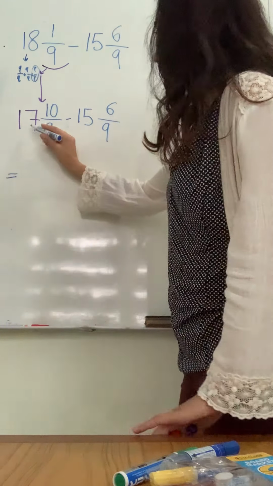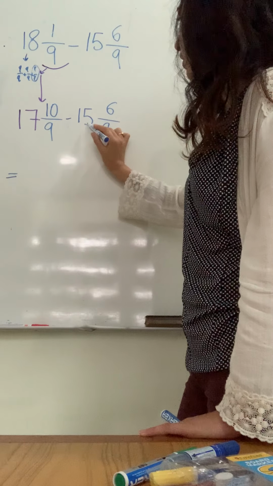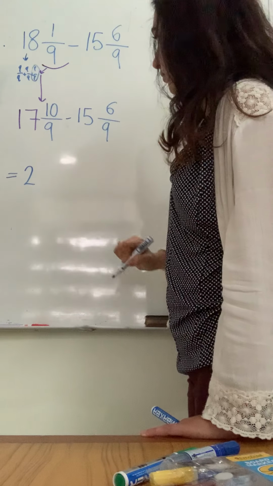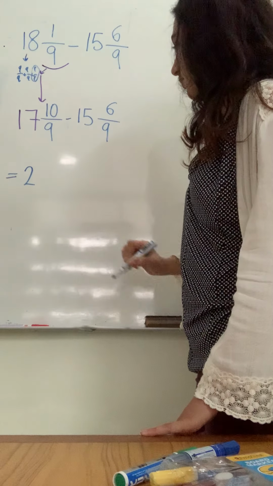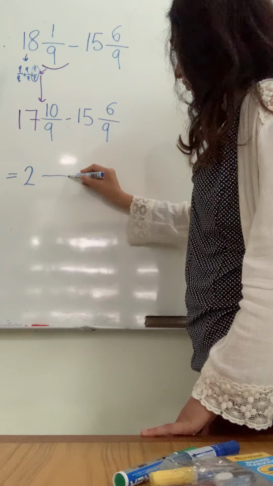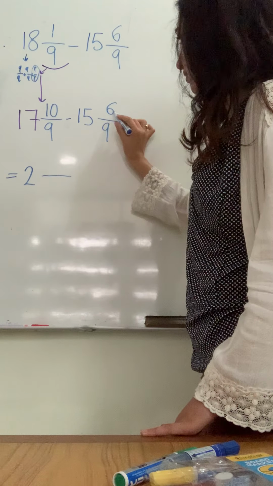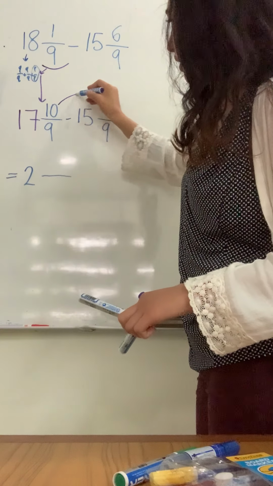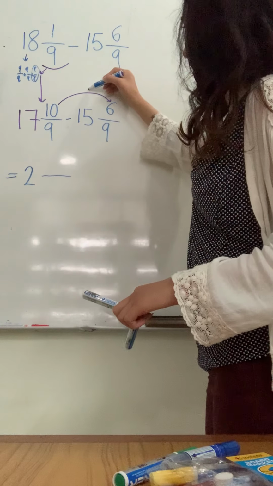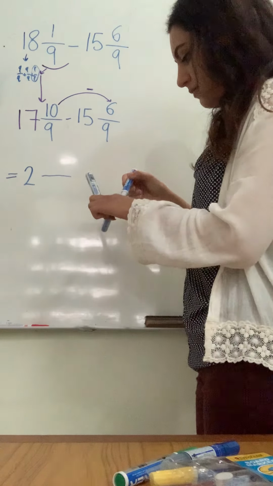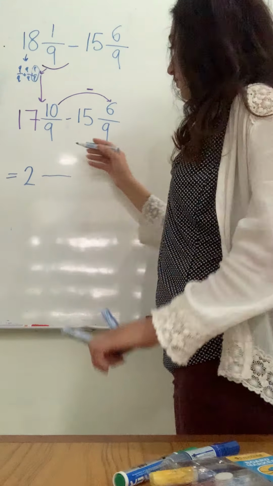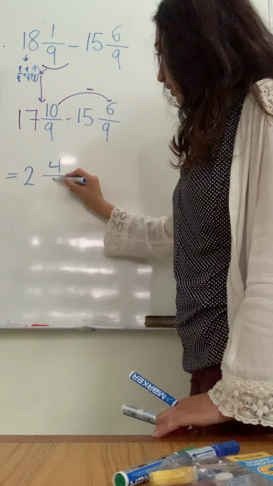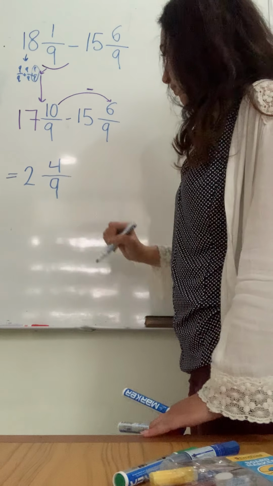So 17 minus 15, 2. 10 minus 6, 4. The denominators stay the same.